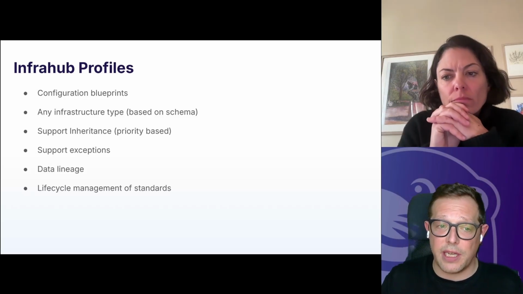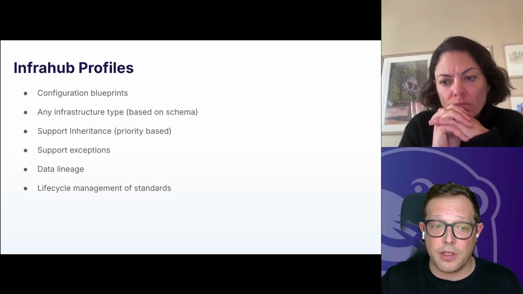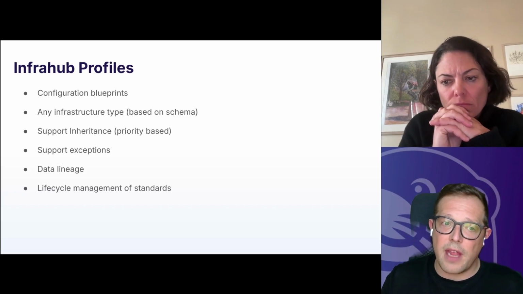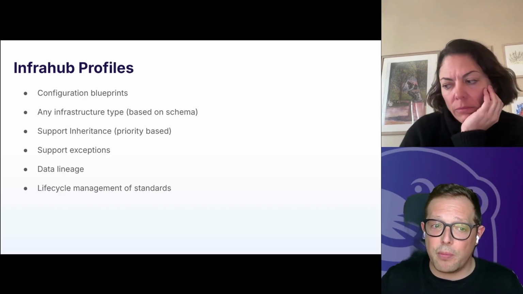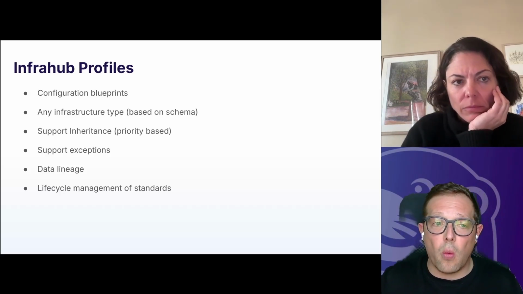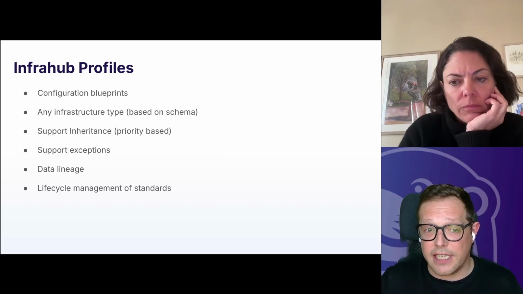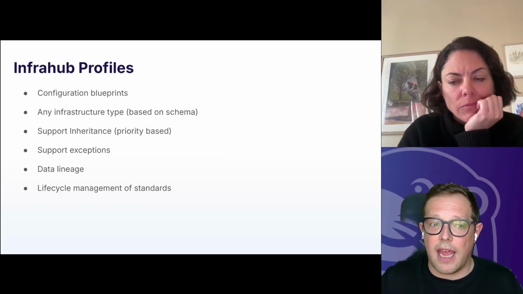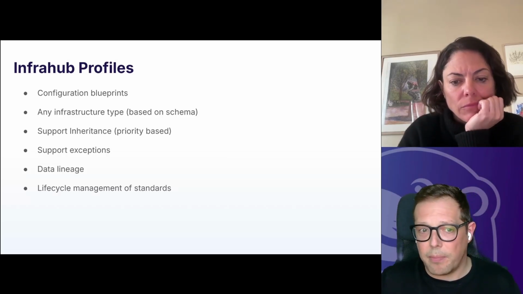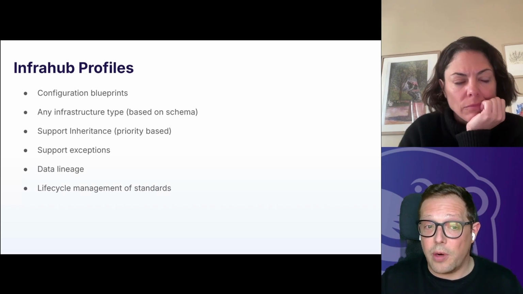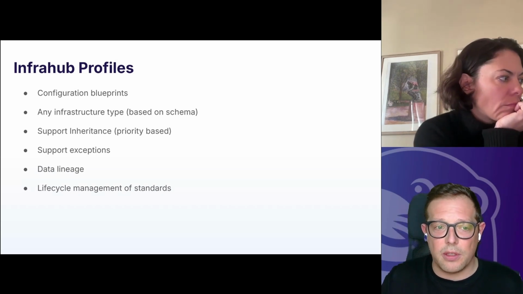It also means that you can keep track of those exceptions over time and go back to the proposed change and understand why that exception was allowed in the past in the first place, and see if that situation still applies and whether or not that exception should still be allowed on your network.